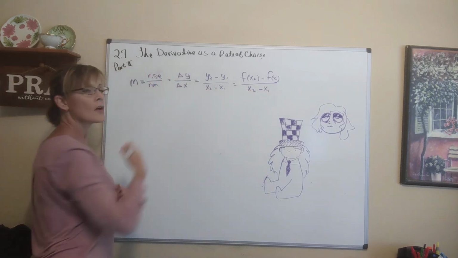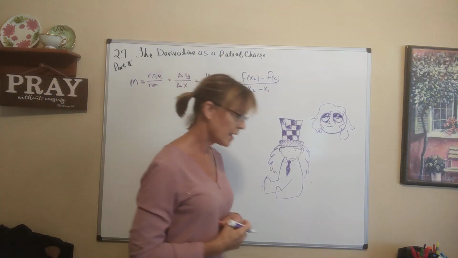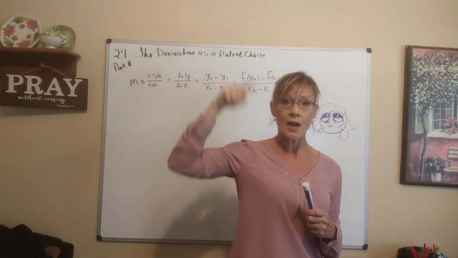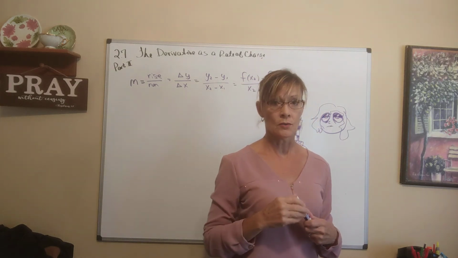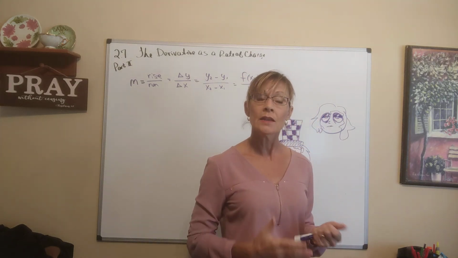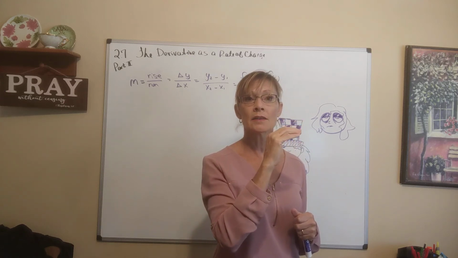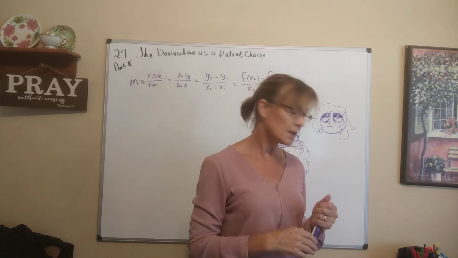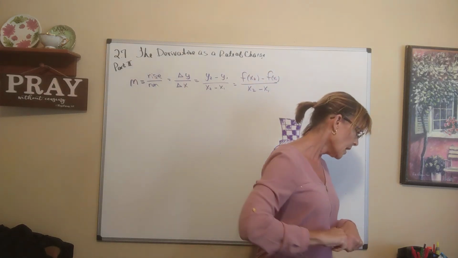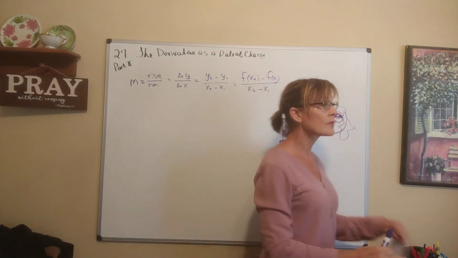These all mean the same thing, and it's the change in the y value over the change in the x value. So together that gives us a rate, like how fast the line is increasing, how fast the line is decreasing. It's a rate.